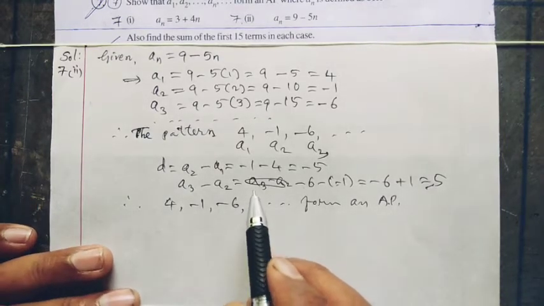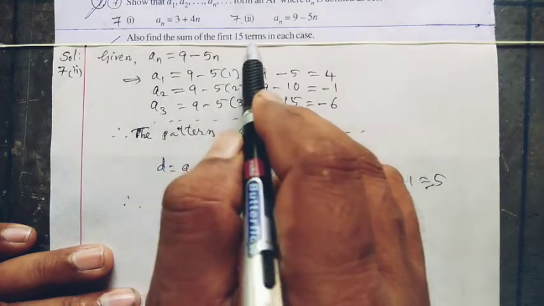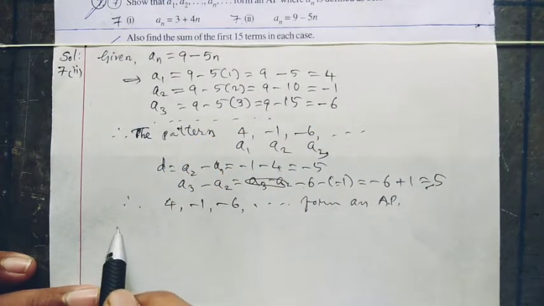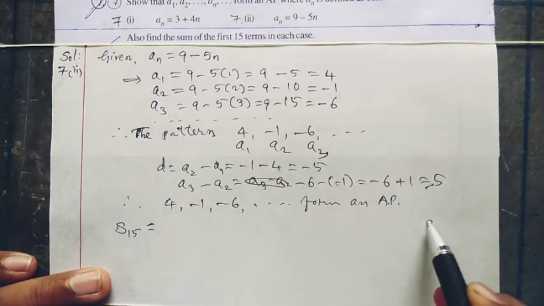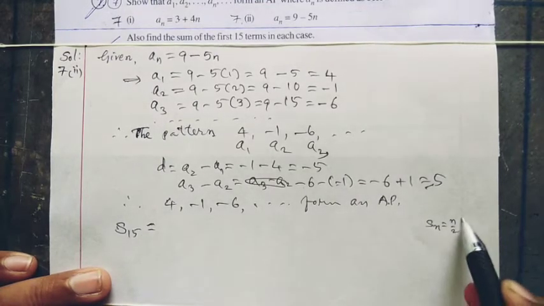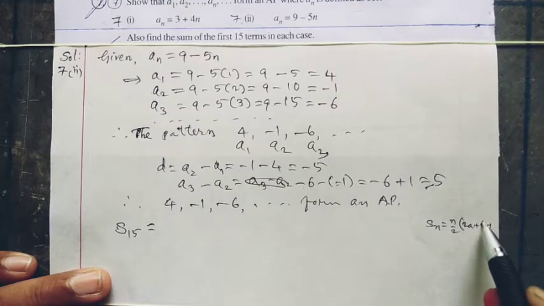And also asked here, find the sum of first 15 terms. We know the formula, Sn = n/2 [2a + (n - 1)d].